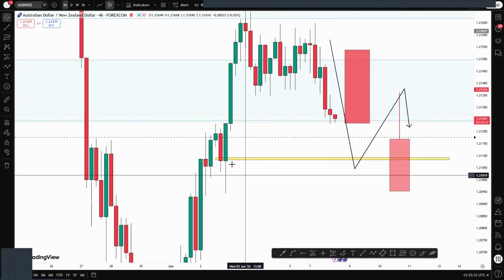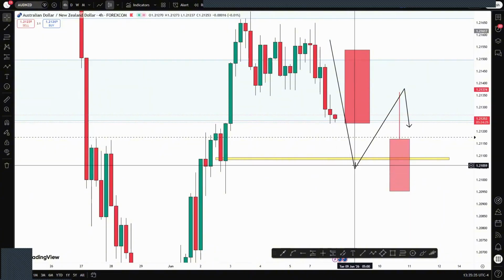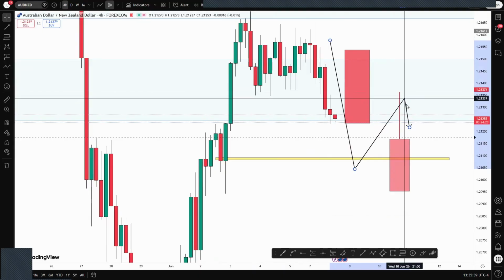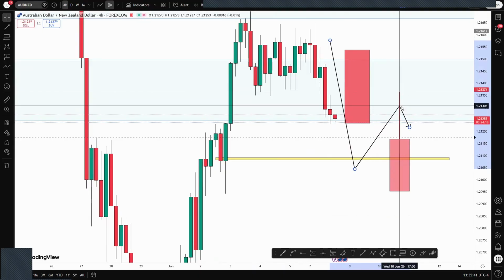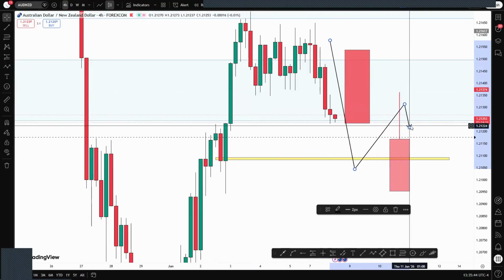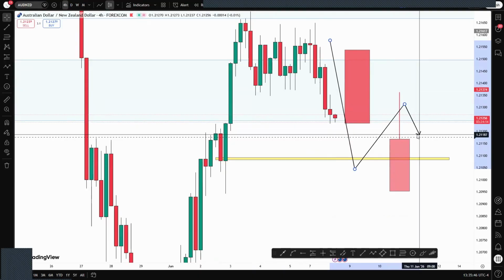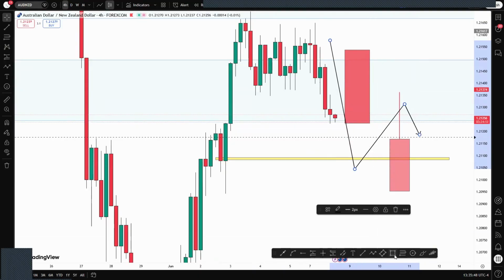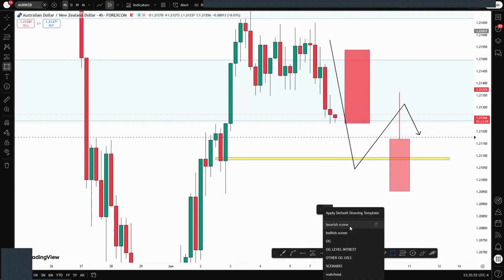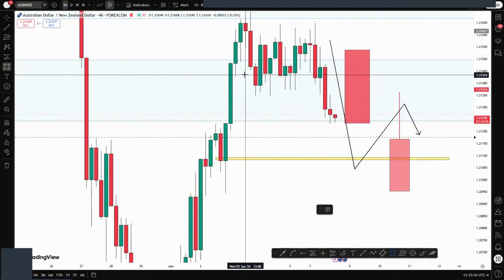So this means that we expect price to break below and then shift and then retest this level with a bearish new structure at this point.